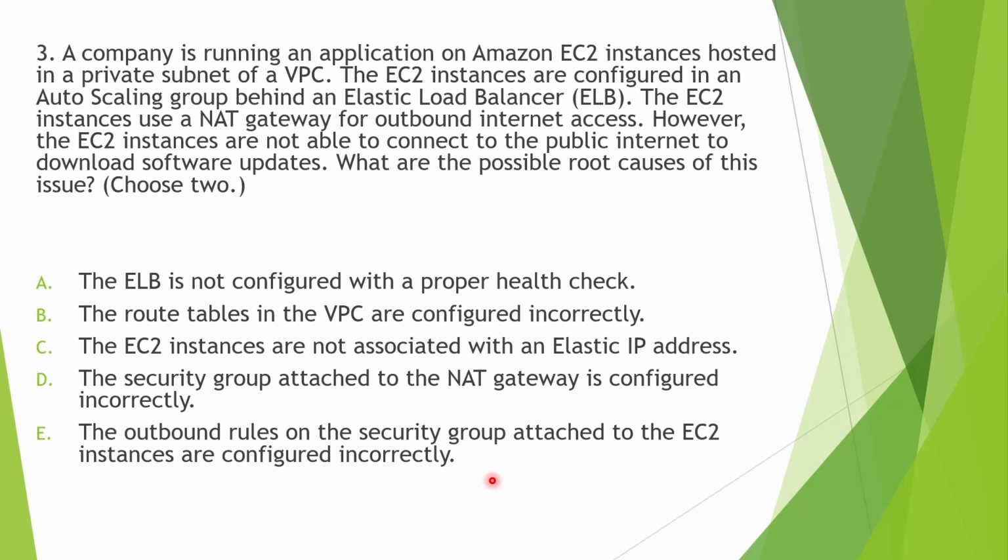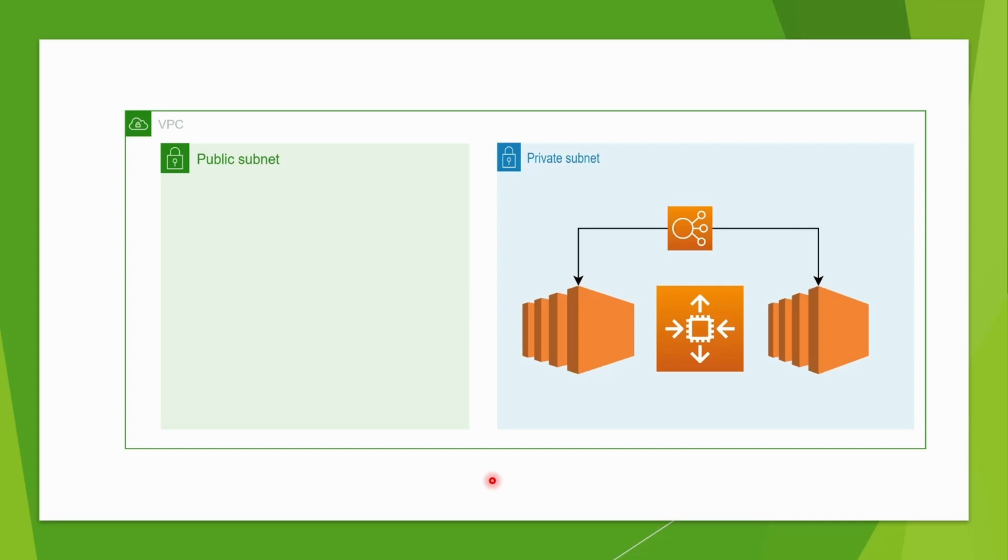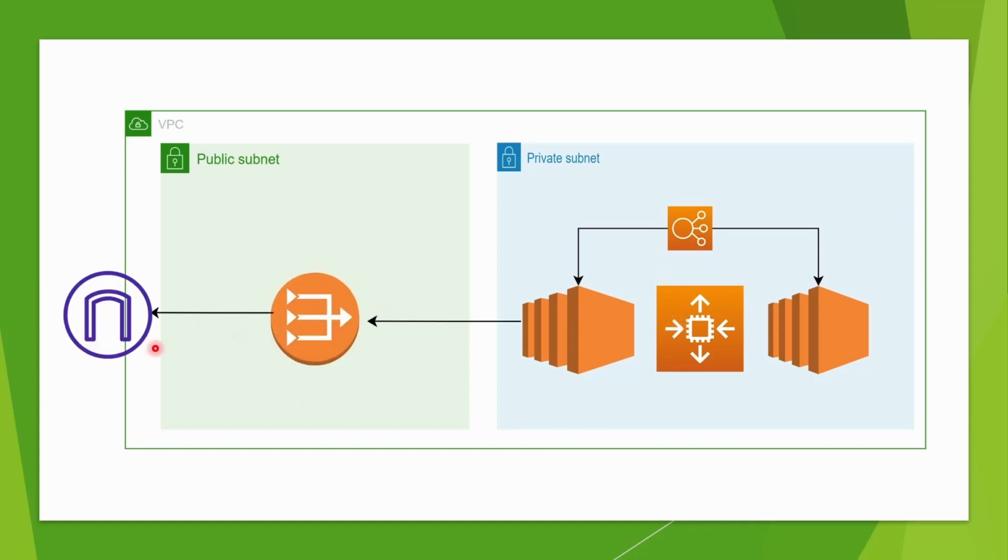So now, first let us understand what they are trying to say. With the architecture diagram, I'll make you understand this. There's a VPC in which they have a private subnet and a public subnet. The private subnet has EC2 with auto scaling and ELB, and that has a NAT gateway which goes through the internet gateway, IGW.